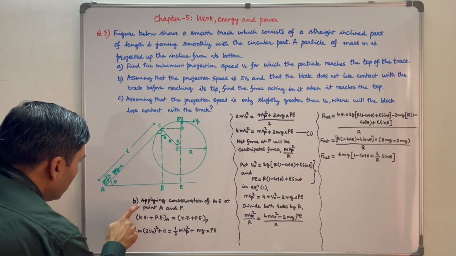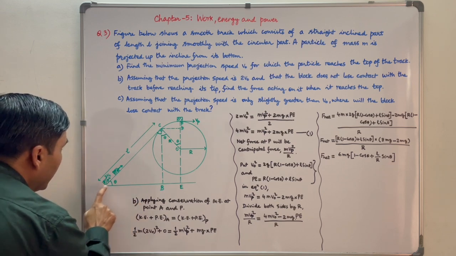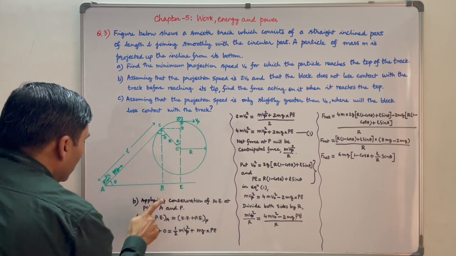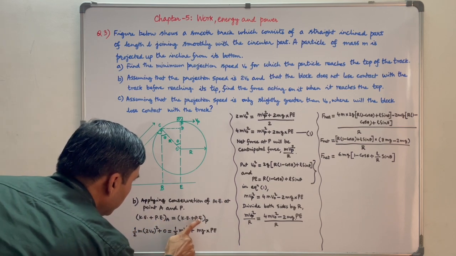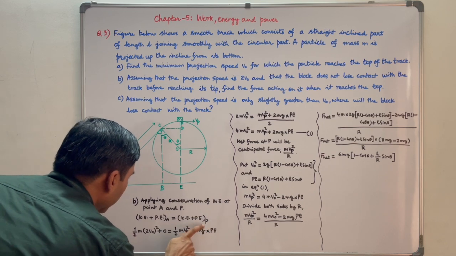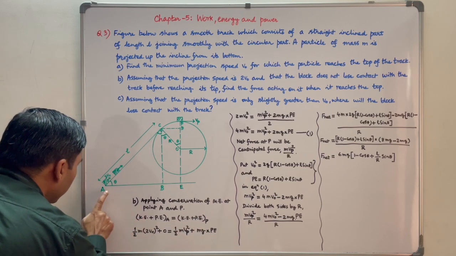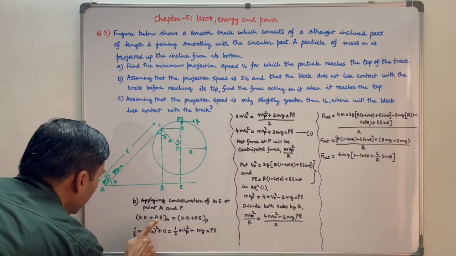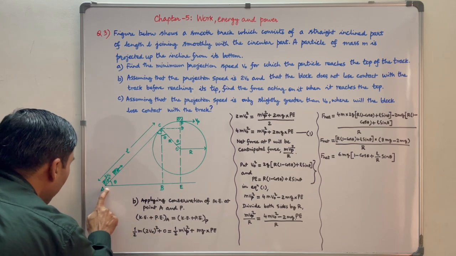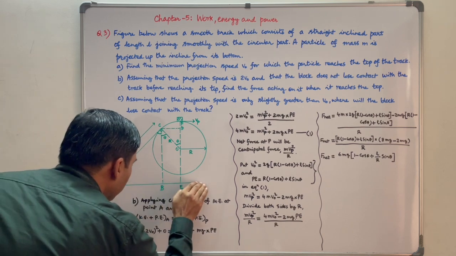Apply conservation of mechanical energy at point A and at P. So kinetic energy plus potential energy at A is equal to kinetic energy plus potential energy at P. Kinetic energy of the particle at A is half m into (2v0) whole square. Potential energy is 0 at A because this is the reference line.